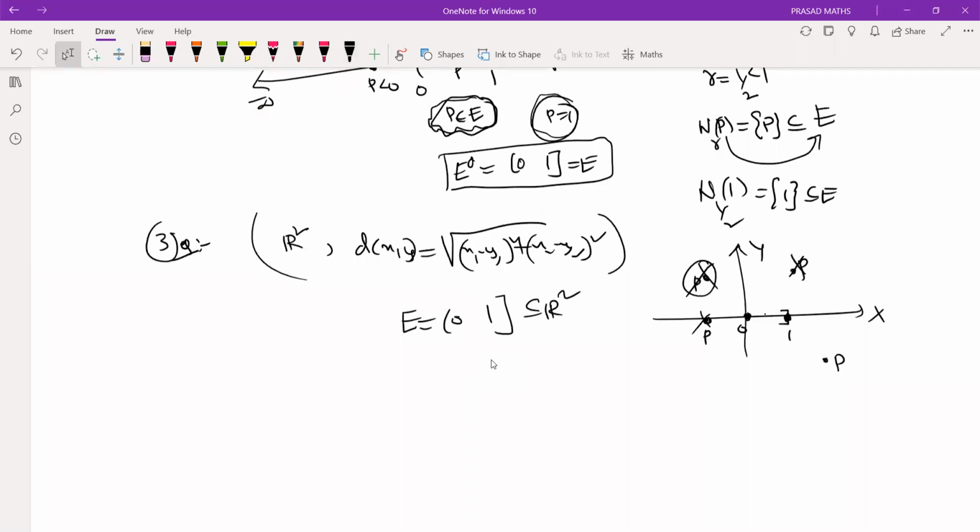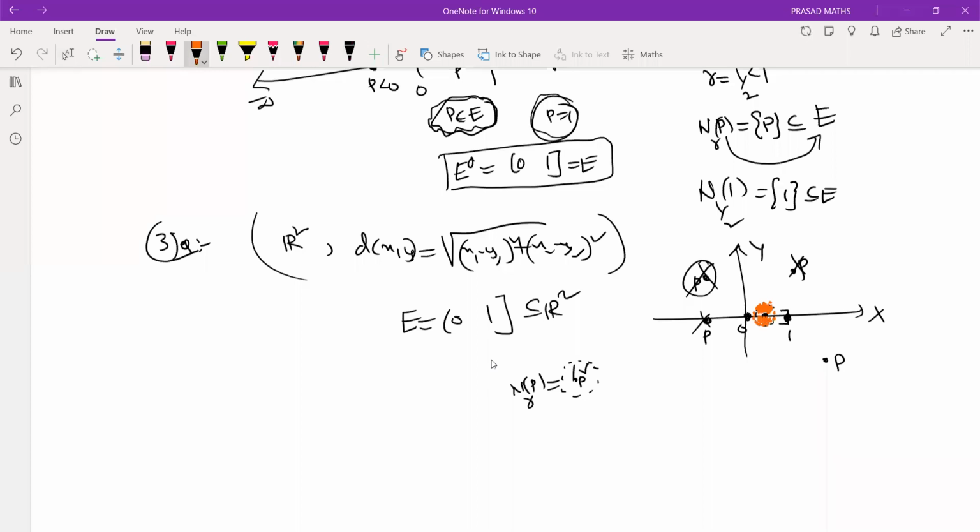Question: is 1 an interior point? No, because yesterday we saw that the neighborhood of a point P with radius R is nothing but the open ball centered at P with radius R. So I can never adjust a neighborhood around this point. This is my P. So what is my neighborhood here? This is my neighborhood, centered at P with radius R. This region is outside of the interval.